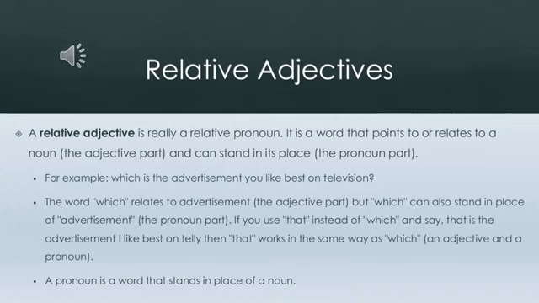So instead of saying the advertisements on television, that is my favorite on television, we say my favorite advertisement, which is on television, is da da da da da. Okay, so all you really need to focus on is that it's words like this, that, which, and they replace nouns in a sentence.